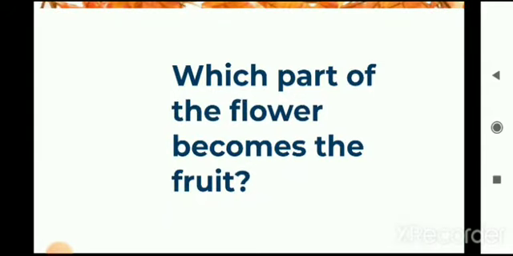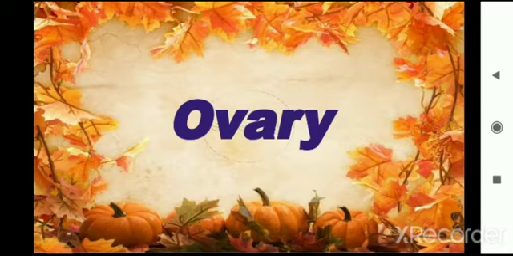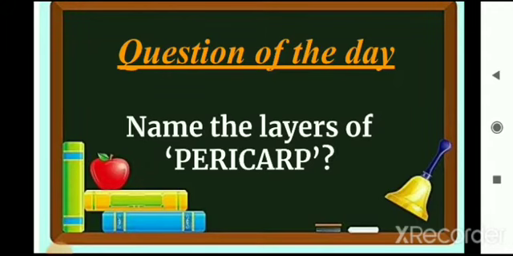Come to the next question. Which part of the flower becomes the fruit? Tell me. Your answer will be ovary. Ovary is the part of flower that changes into a fruit. Clear?